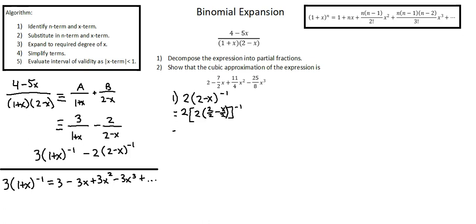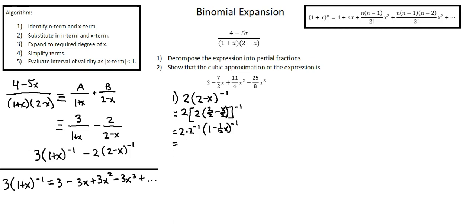And so now what we have is 2 times 2 to the power of negative 1 times (2 over 2 is 1, minus x over 2 is minus 1 half x) to the power of negative 1, which we can simplify one more time. 2 times 2 to the power of negative 1 is 1.